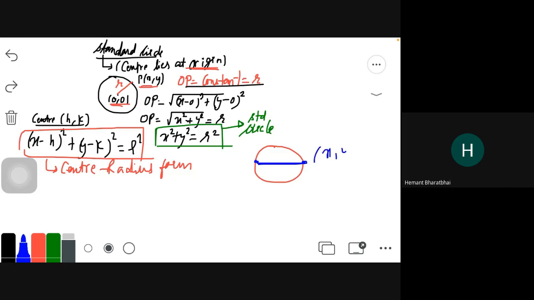Say one point is (x1, y1), and the other point is (x2, y2). This time I don't know the center, I don't know the radius. What I know is the diameter of the circle. So just by using the diameter also, we can find the equation of the circle, which we call diameter form. So, how do we find it over here?